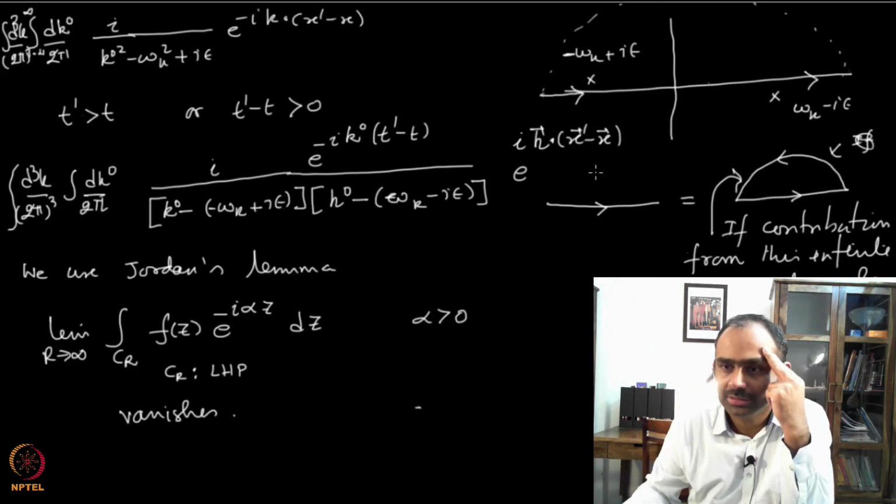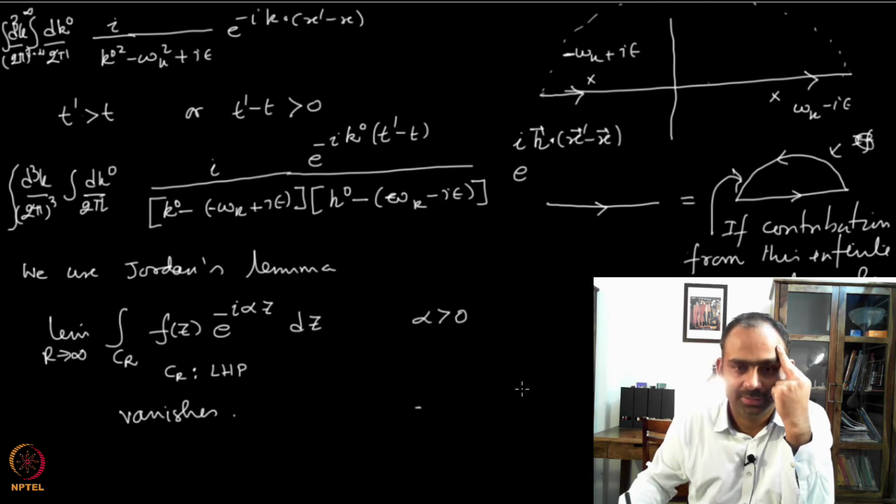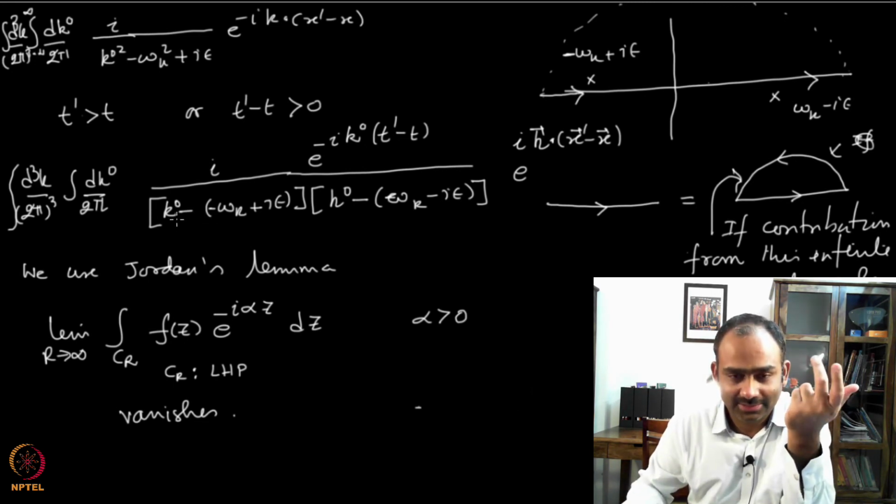So this one is the piece which is giving the pole. So, I should put in the k naught here omega k minus I epsilon. If I do that, I will get omega k minus I epsilon, and then you have minus minus plus, so another omega k.